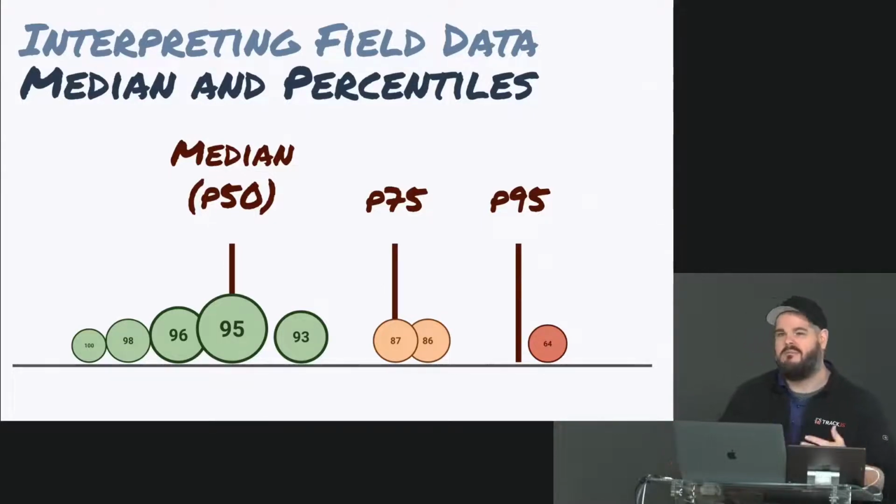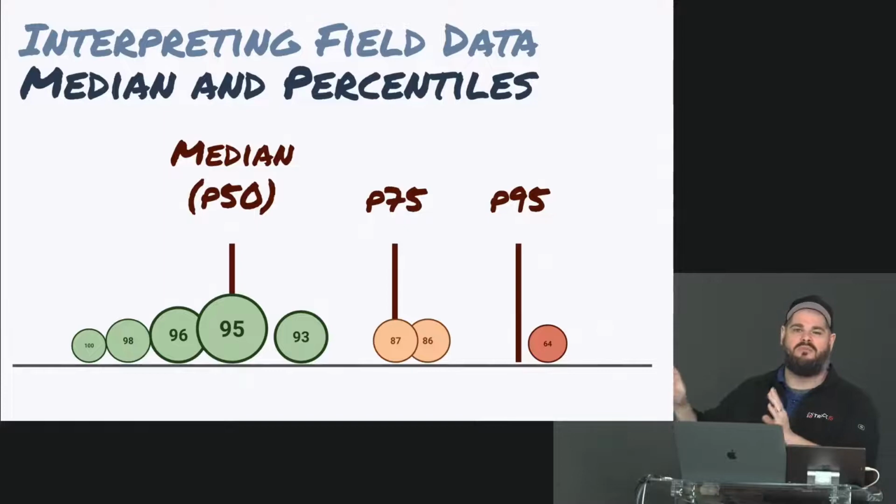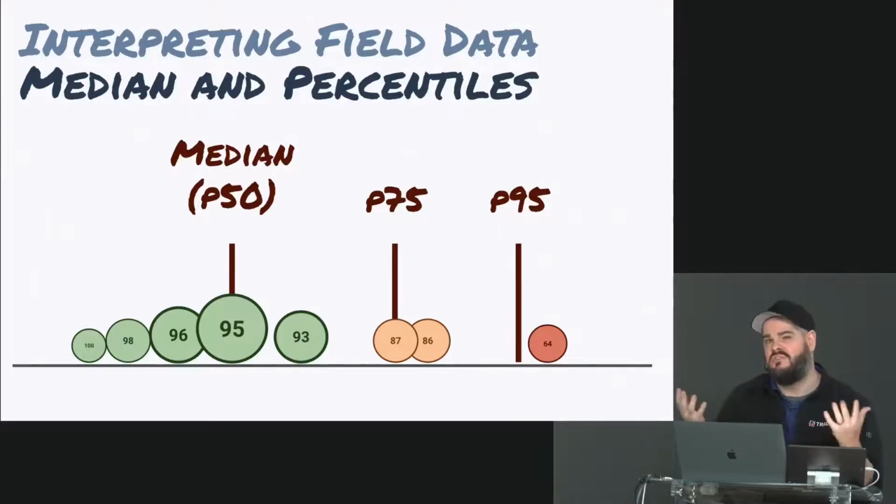It's going to be from a bot in Outer Mongolia that runs on a 486 processor and has no idea how to load a modern web page at all. It is going to be so hilariously bad that you won't think it's real data. And so usually you have to lop off the worst 5% of users as erroneous data. And P95 is usually a common consideration for what your worst users would experience.